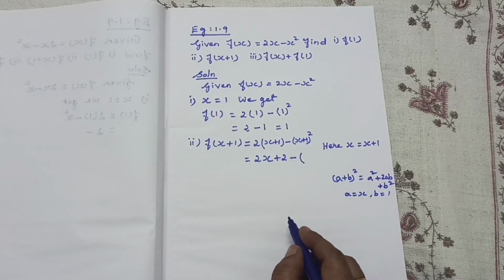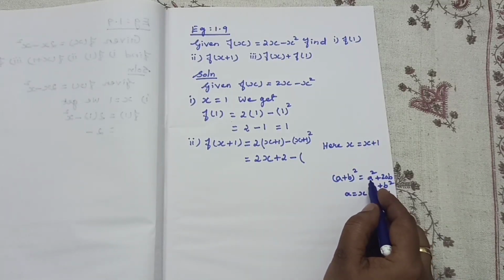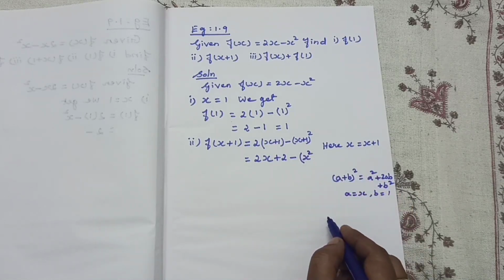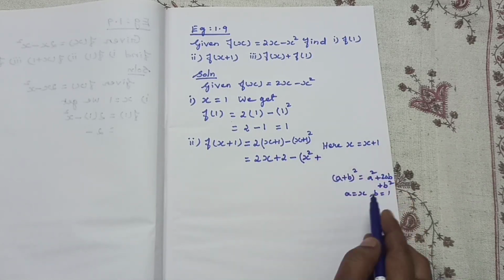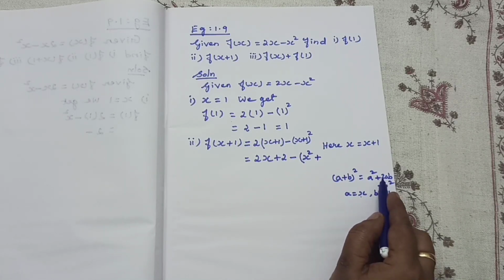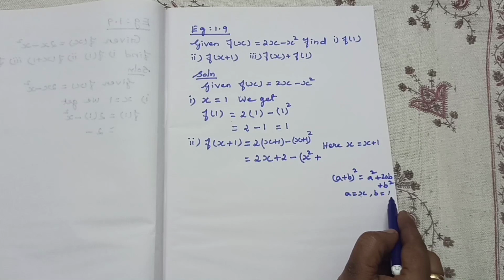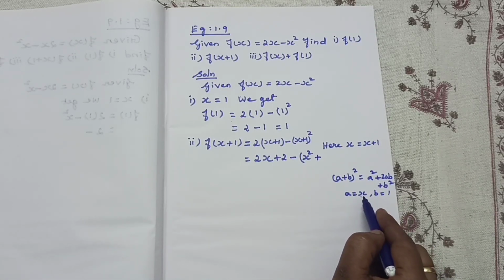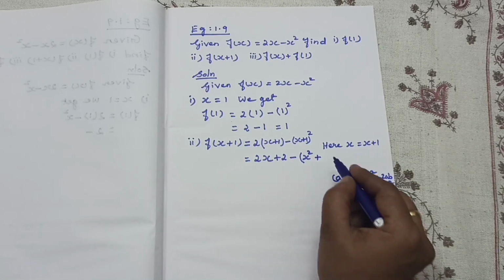Shall we substitute here? Then a square means x square, plus 2 into a into b, that means 2 into x into 1. What we will get? 2 into x is 2x. 2x into 1 is 2x.